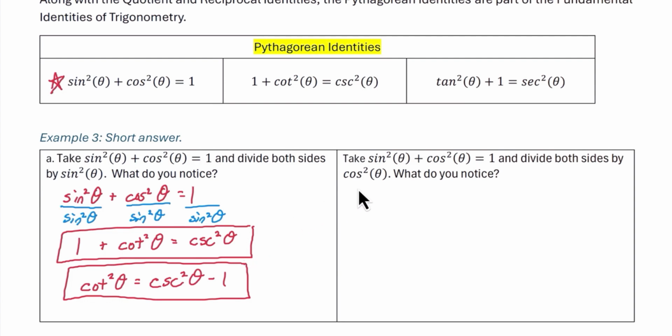Let's again start with sine squared theta plus cosine squared theta equals 1. But this time, let's divide every term by cosine squared theta.